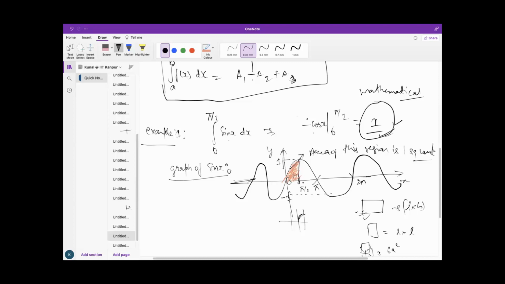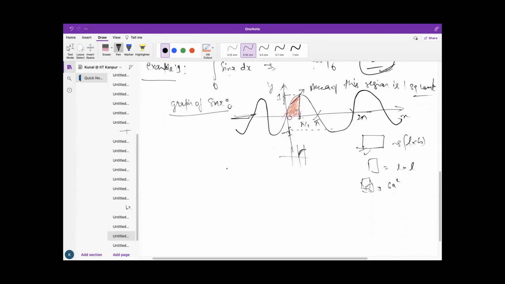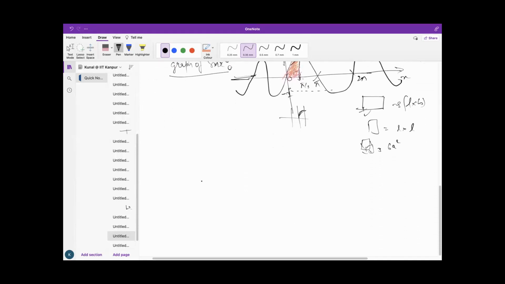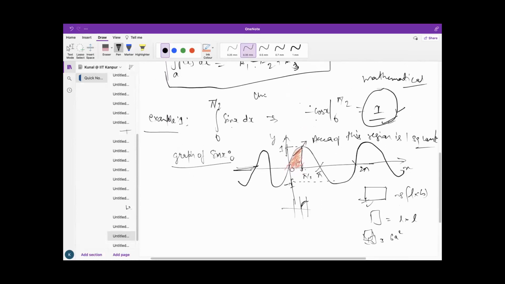Okay. Now let's move to the same problem, but we just change the limit. In this example, we understood from mathematical to geometrical.